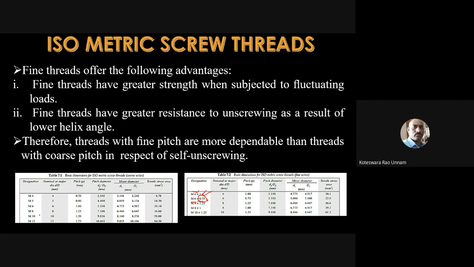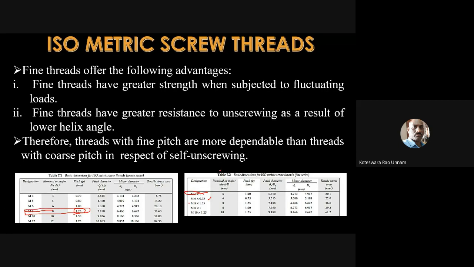Now in M6, what is the pitch value here? In case of the basic series, the pitch is 1. So the starting one is the basic series. Then if the pitch value is less than the basic series, we call it the fine series. Similarly for M8, the pitch value is 1.25, so that is the coarse or basic series.